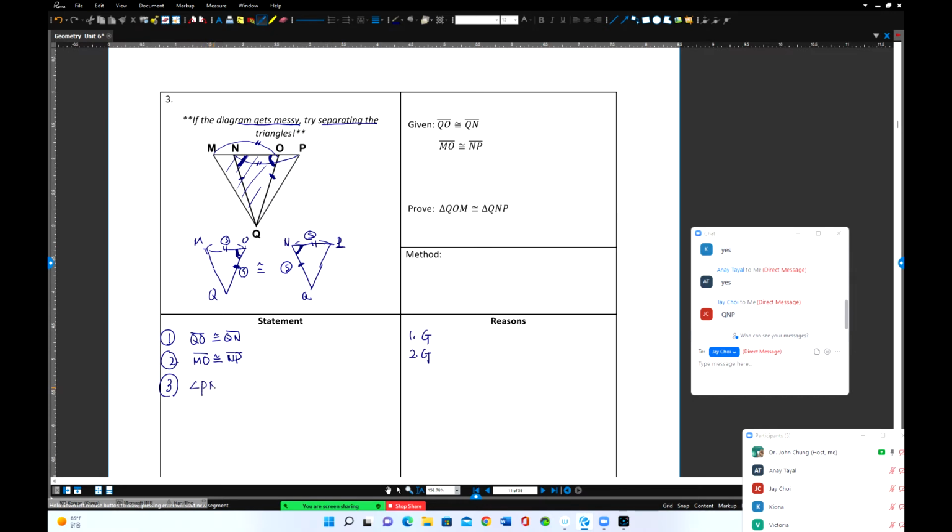Angle P and Q congruent, angle OMQ. These two angles are congruent. Okay, what's the reason over here? We already got these two sides congruent. From here we can say angles opposite congruent sides are also congruent. We did this already, okay? Can you see that over here?